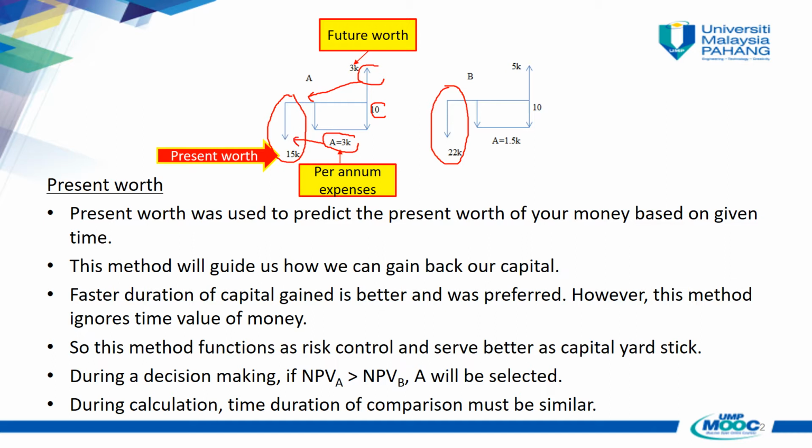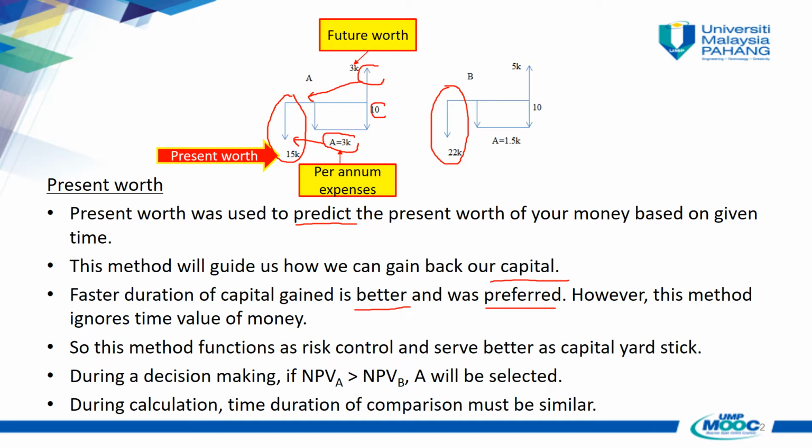So we use this present worth to predict our money now, today, and this method will guide us on how we can gain back our capital. Faster durations of capital gain is better and preferred. However, this method ignores time value of money. The method functions as risk control and serves better as a capital yardstick during our decision making.